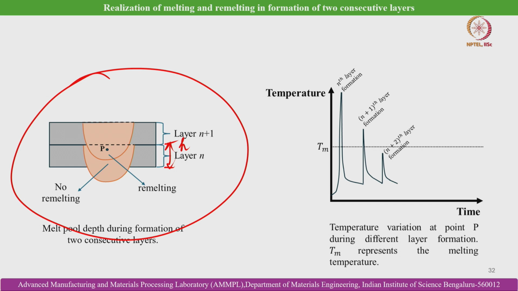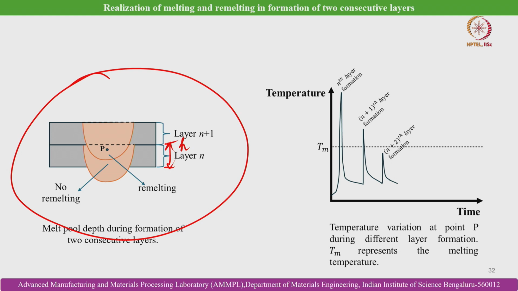That also facilitates fusion, and because of remelting, it also promotes epitaxial growth of microstructural features. Okay. So, from the remelted zone, the dendrites start growing in an epitaxial manner.